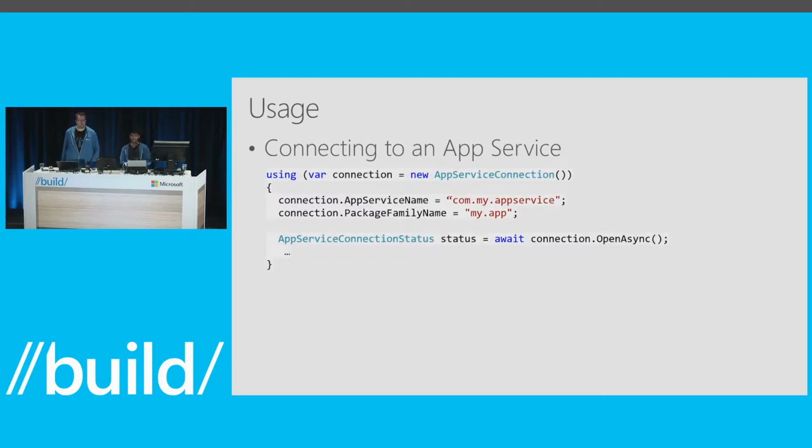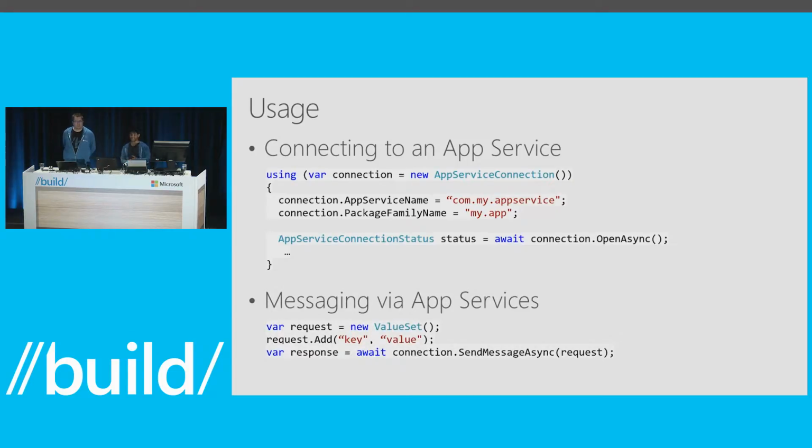You saw this too. To connect to one, what you do is create a new app service connection. In that, you specify the app service name, as well as the package family name of the application that you want to call. And when you're done with that, you can call open async to start the bidirectional messaging channel.